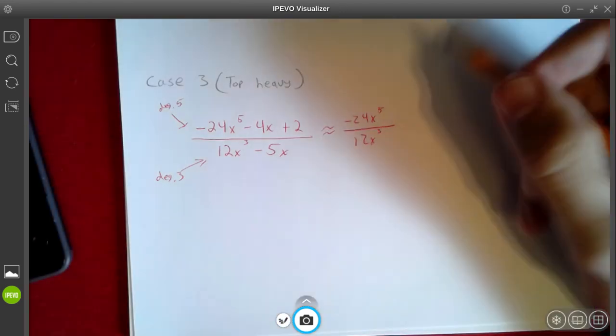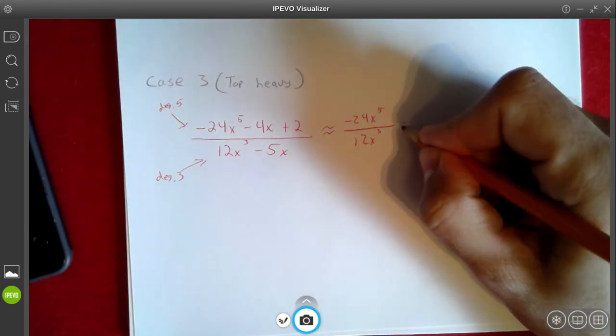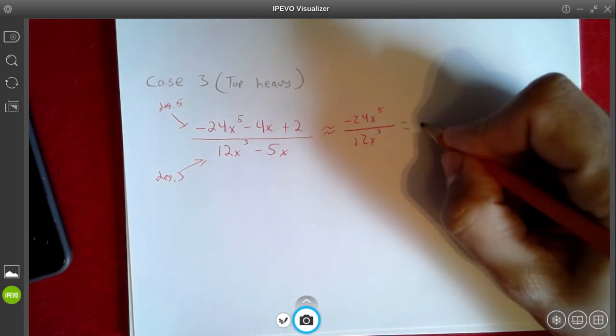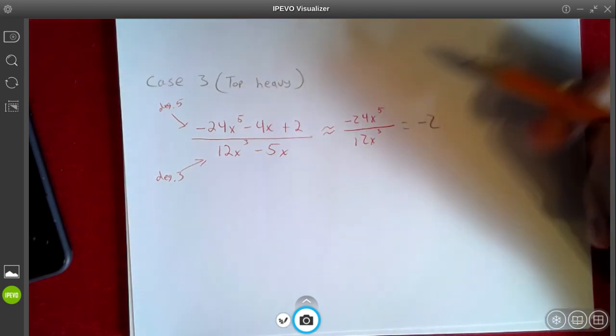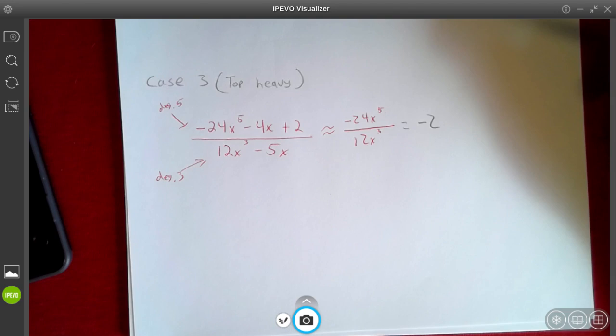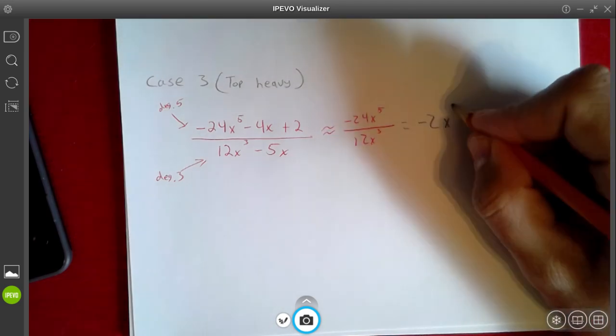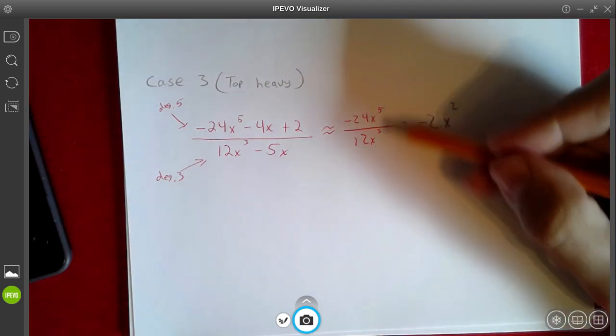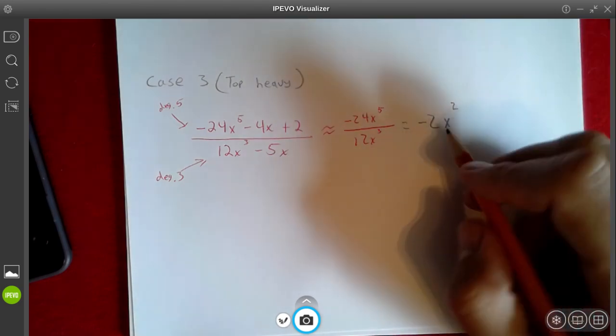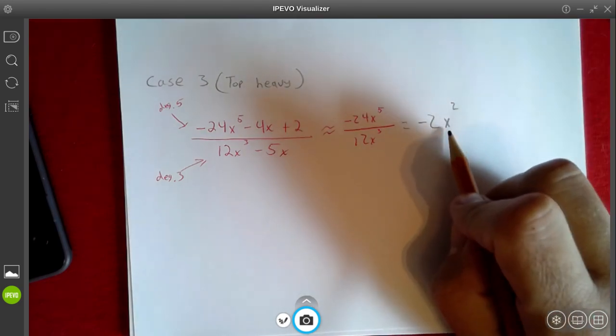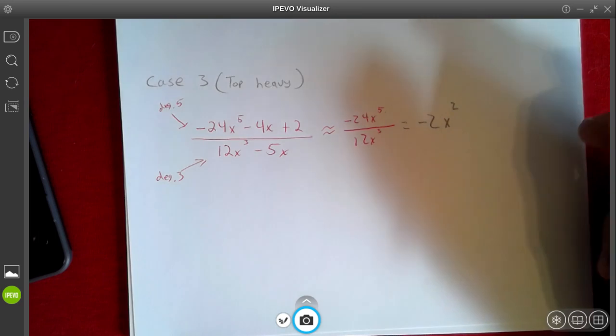Okay. So if we simplify this, the negative 24 over 12 will give us negative 2. And then x to the 5th divided by x to the 3rd will just simplify down to x squared. You subtract the exponents. And this right here becomes our defining characteristic.